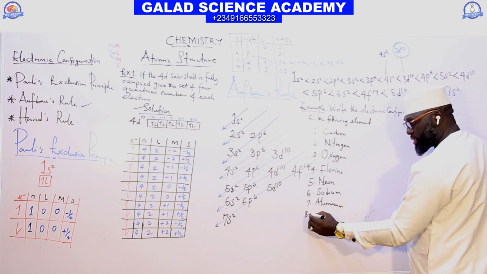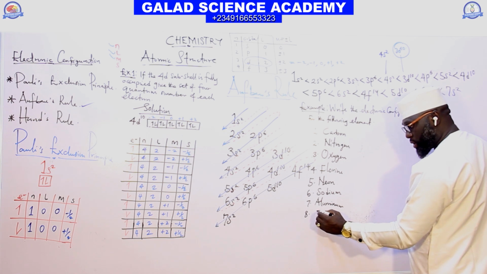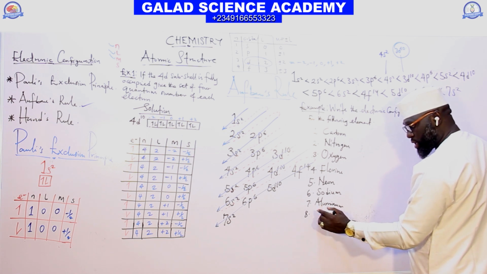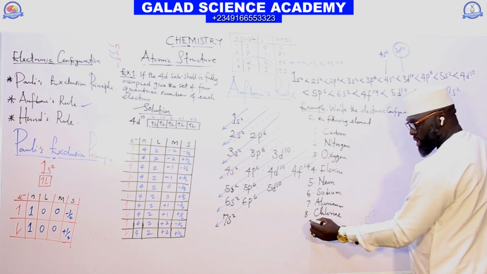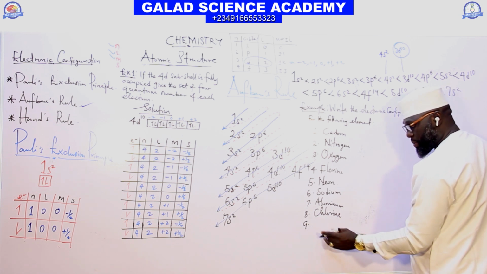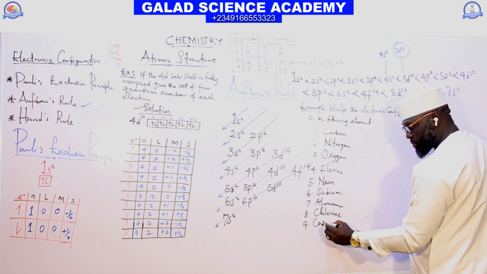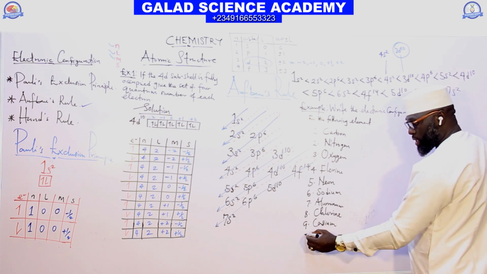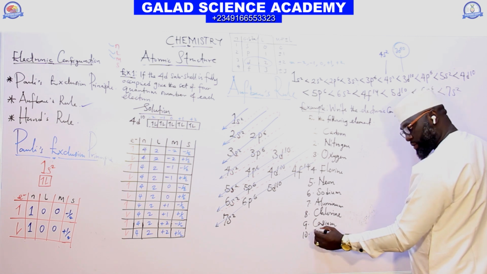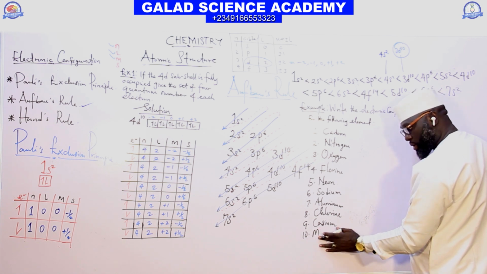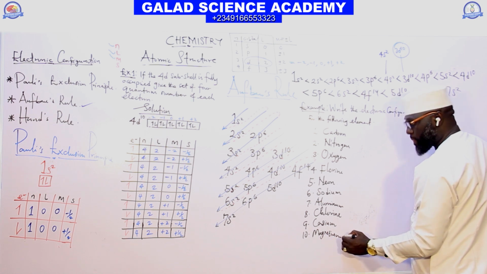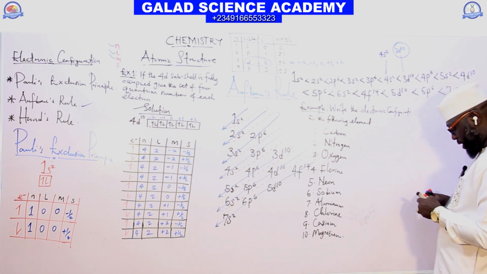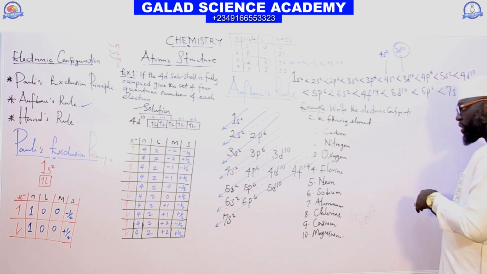Number 8, chlorine. Number 9, calcium. Number 10, magnesium. So let us try the electronic configuration of these elements.